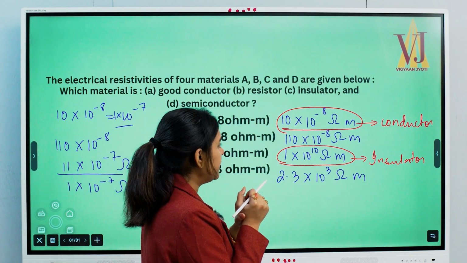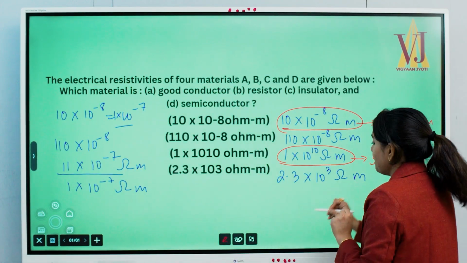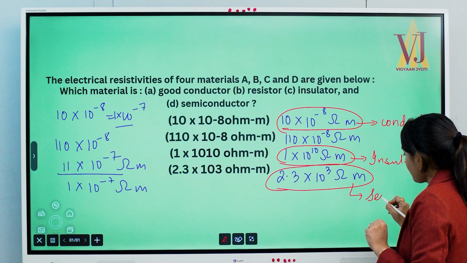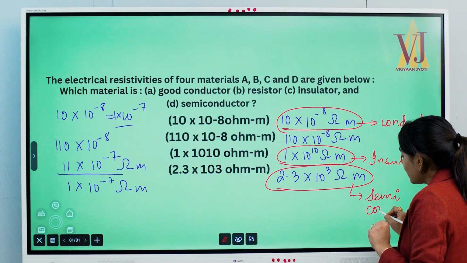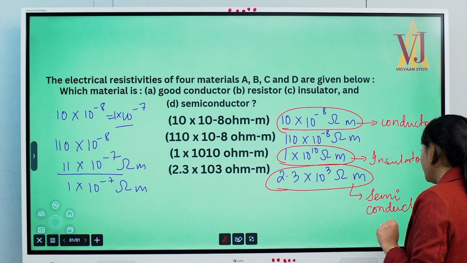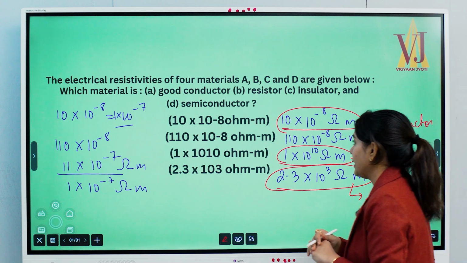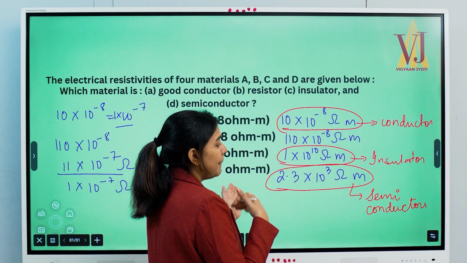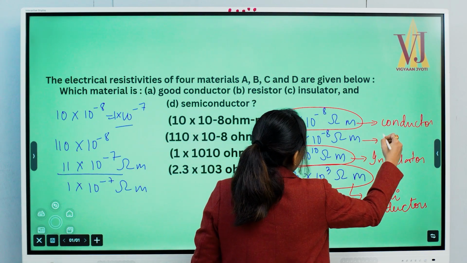That means this will be my semiconductor. Resistors are already conductors, otherwise how would current flow through them? Not better than conductors, but yes, better than semiconductors. That means this will be my resistor.